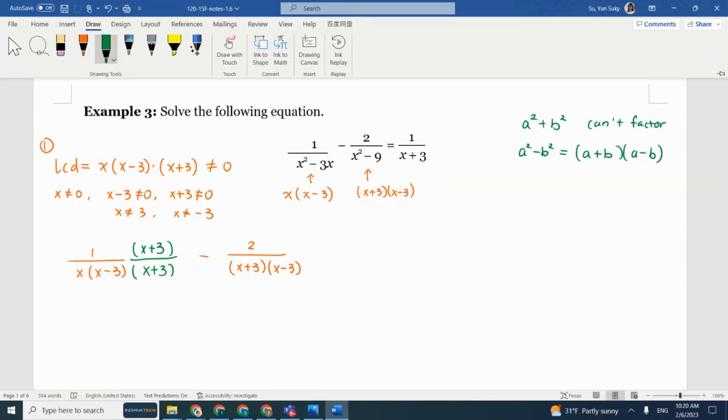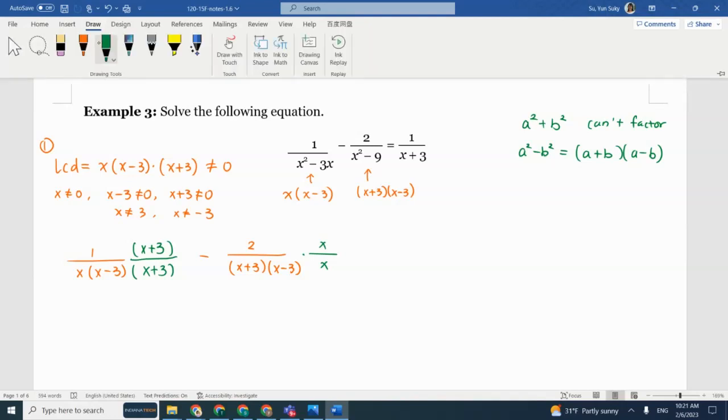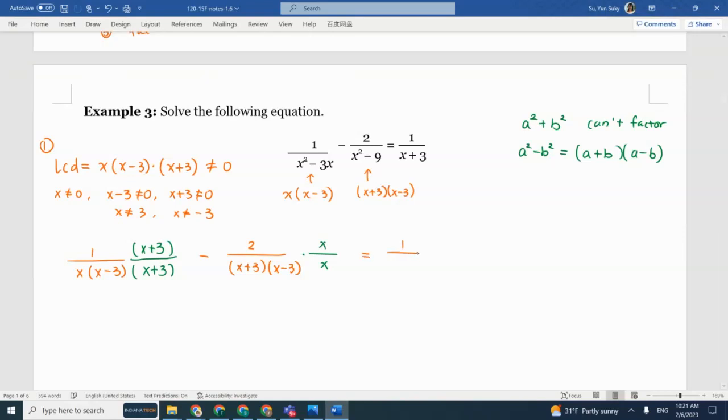What do we want to multiply? X. This is our goal, the least common denominator. So we multiply by the x on both numerator and denominator. And then the right hand side equals 1 over x plus 3. What do we multiply? X and x minus 3.